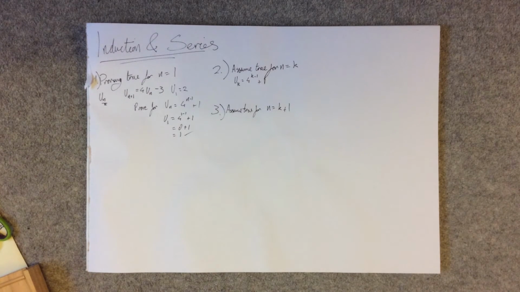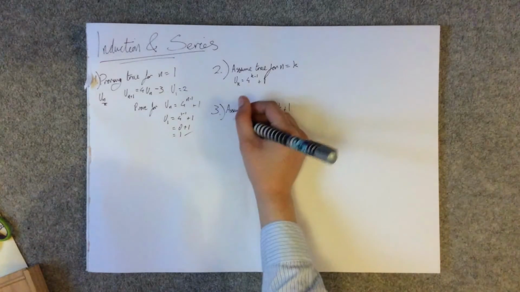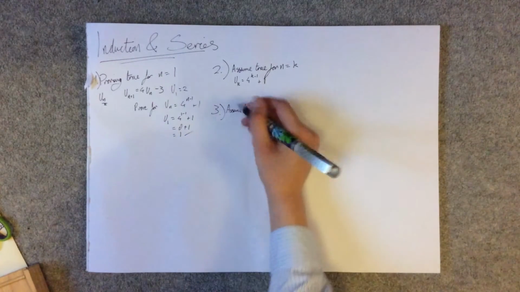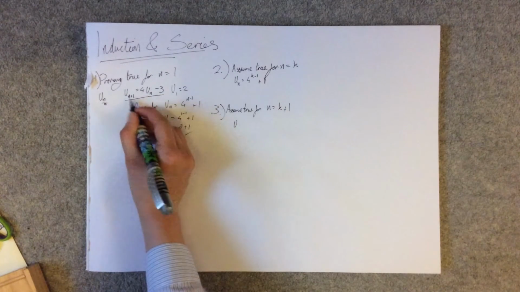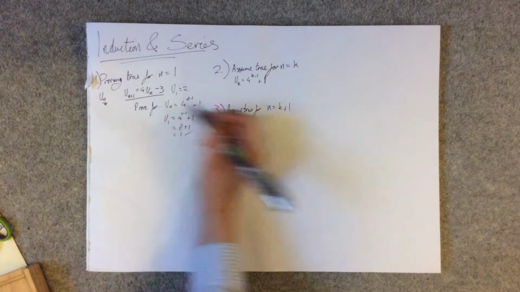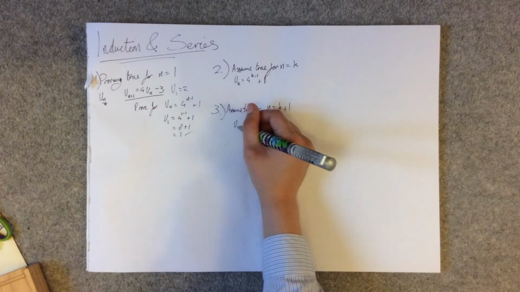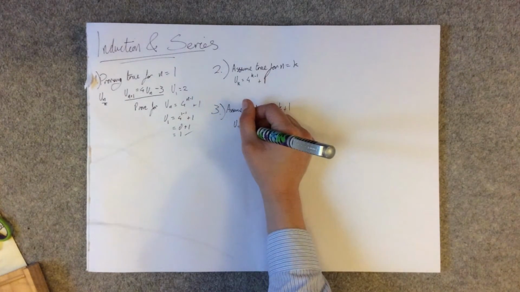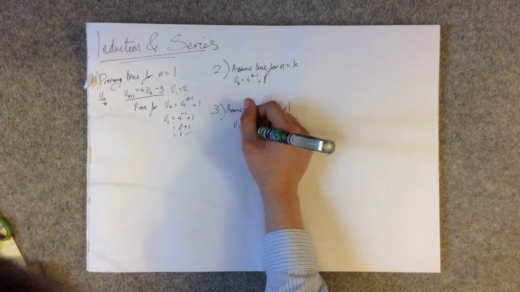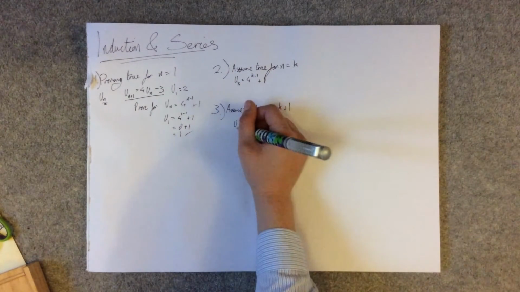So for this one, you're given this equation here, un plus 1 equals 4un minus 3. So just sub the n's in for k's, the k's in for n's. You knew what I meant.